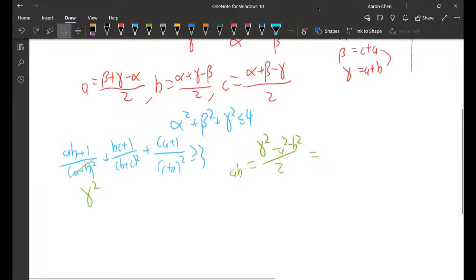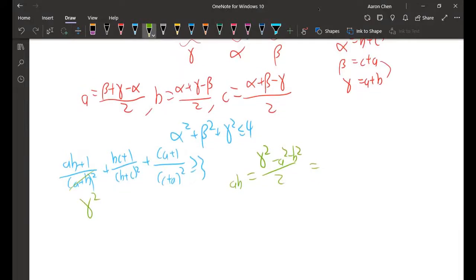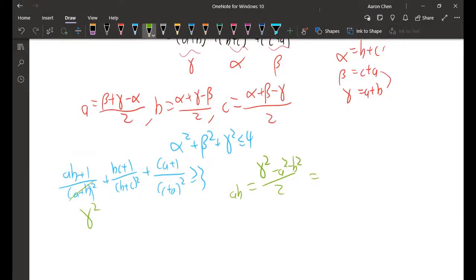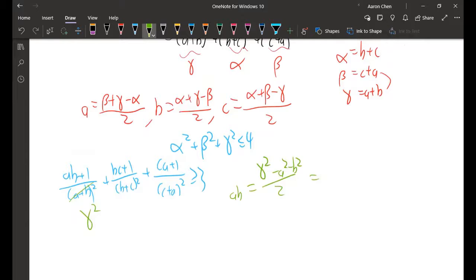If we further calculate this, then a squared plus b squared can be formed from alpha plus beta squared.